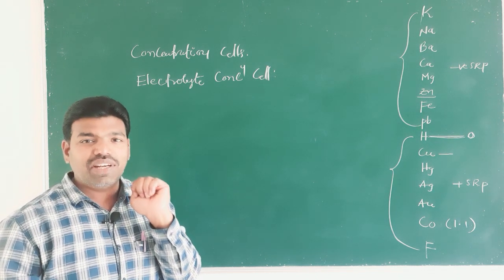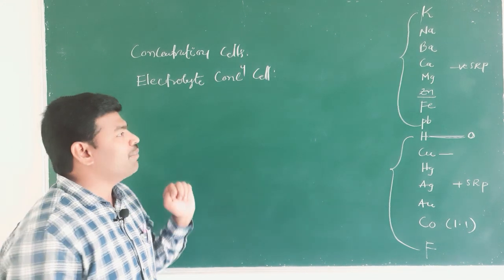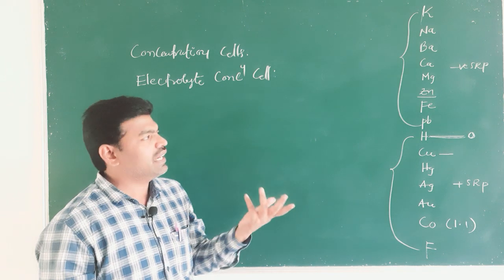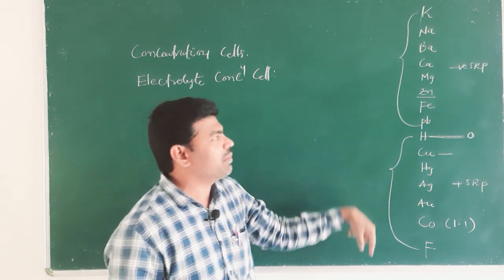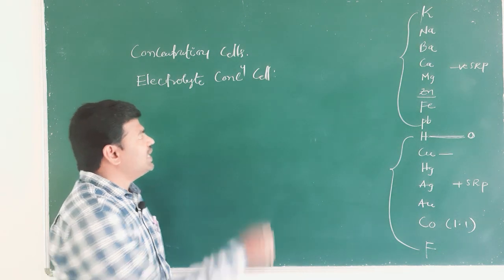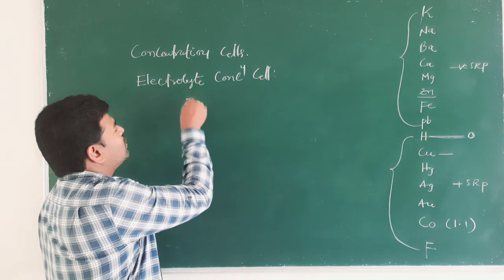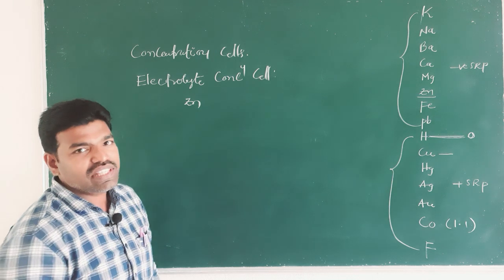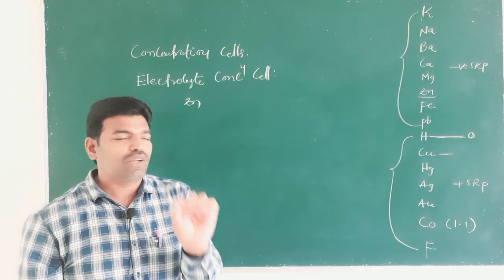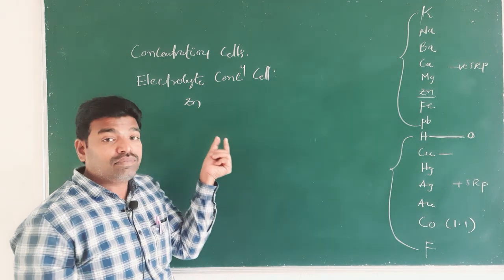For example, let us take one electrode from the electrochemical series. If you take a zinc electrode, we can construct this electrolyte concentration cell with the help of a zinc electrode.